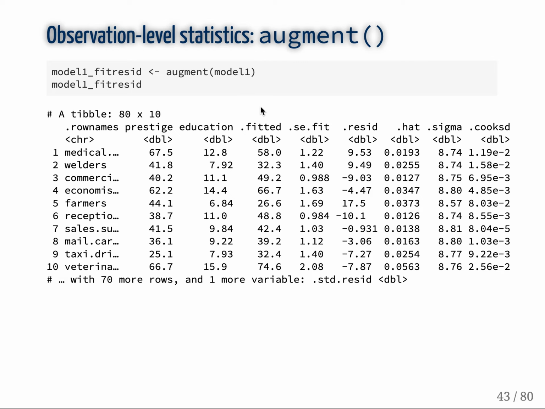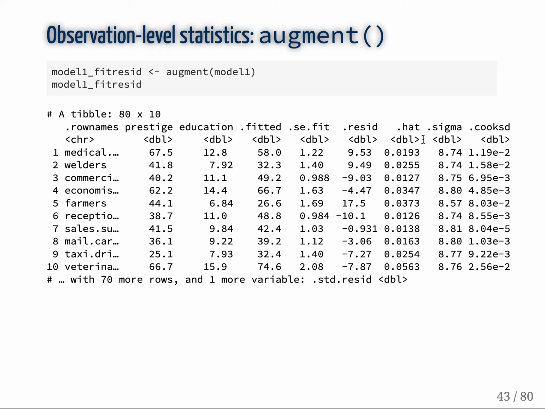Dot row names, dot fitted, dot se.fit, dot resid, this is for residuals, dot hat, dot sigma, and so on. Each row in an augment output matches the corresponding row in the original data.